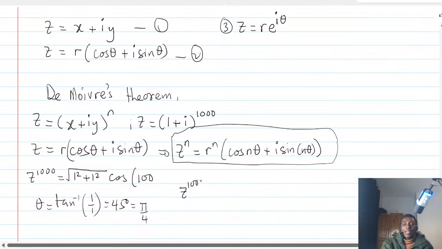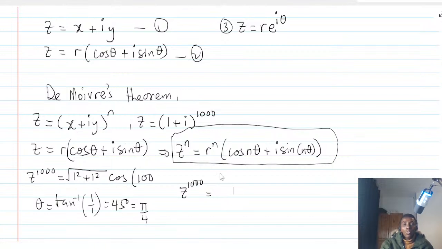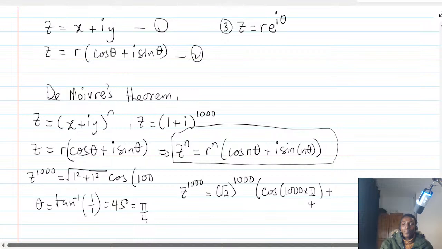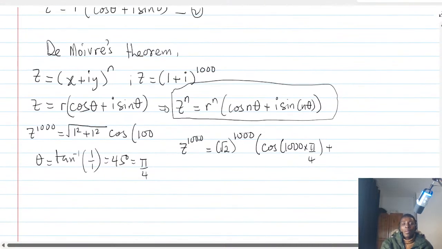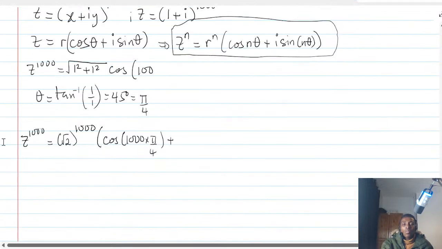So we can say that Z to the power 1000 is the square root of 2 raised to the power 1000, times cosine of 1000 times pi over 4, plus i sine of 1000 times pi over 4.